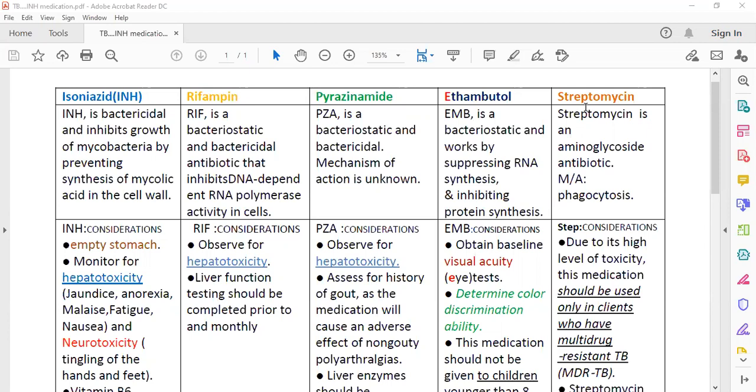So the lungs are the primary or common site of infection by Mycobacterium TB. But it is also possible that TB infection can spread to other organs like the brain, bones, kidney, or liver.